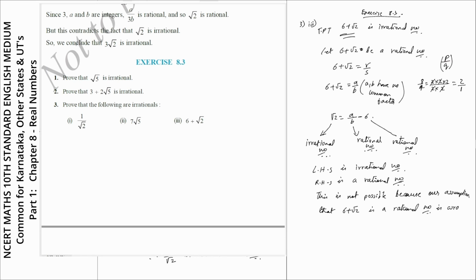Our assumption itself is wrong. So therefore 6 plus root 2 is an irrational number, and that completes this problem and this exercise.